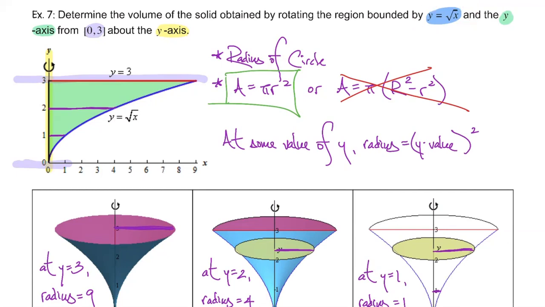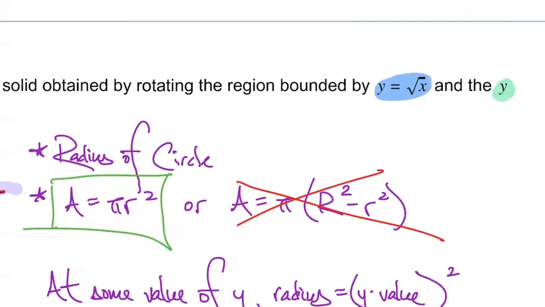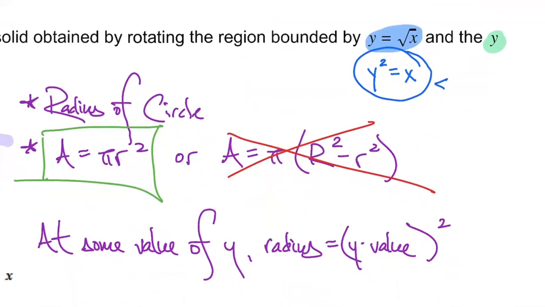And in fact, if we use the equation that they give us, y equals the square root of x, and I want to get x by itself, I square the left-hand side, I square the right-hand side, x equals y squared. Is another way of thinking about how this pattern of radius equals y value squared came to be.